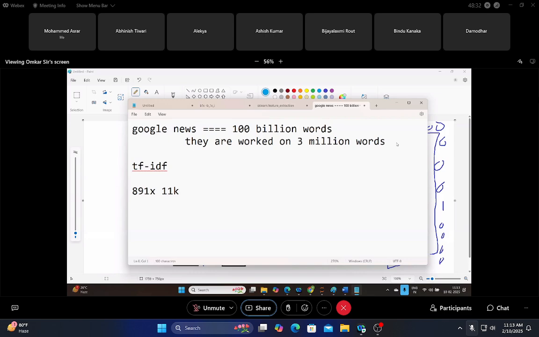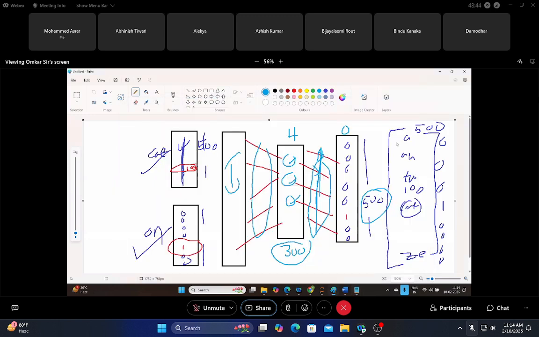But here every word has only a 300 dimension vector. That's all. Why? Because the hidden layer has 300 neurons. That is an important interview question. Understood? Getting what I am saying?